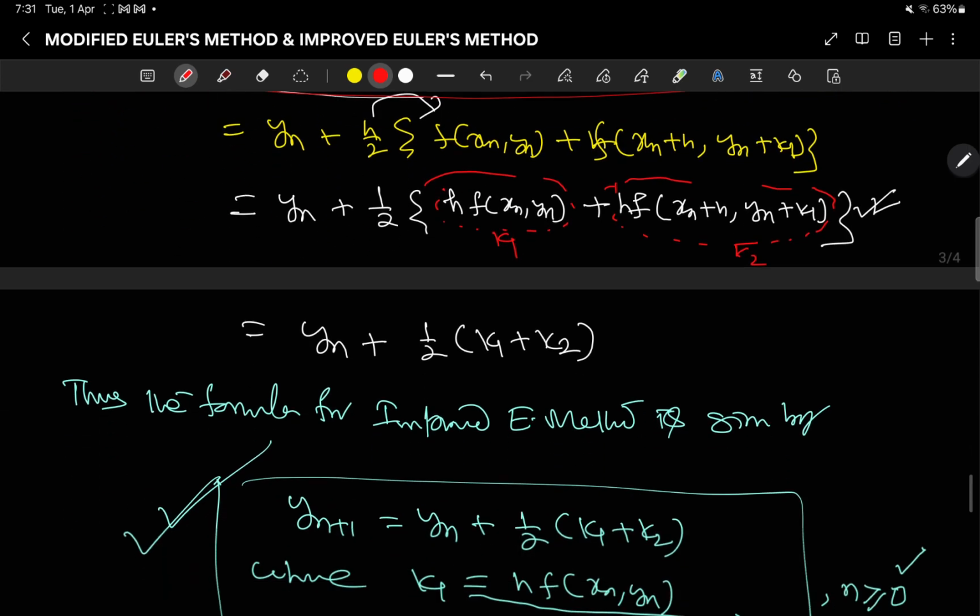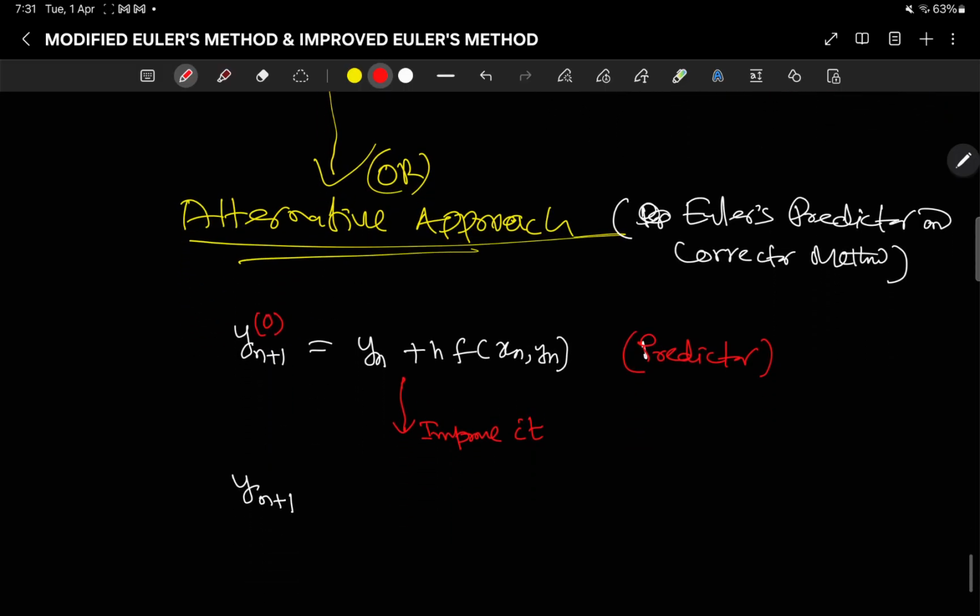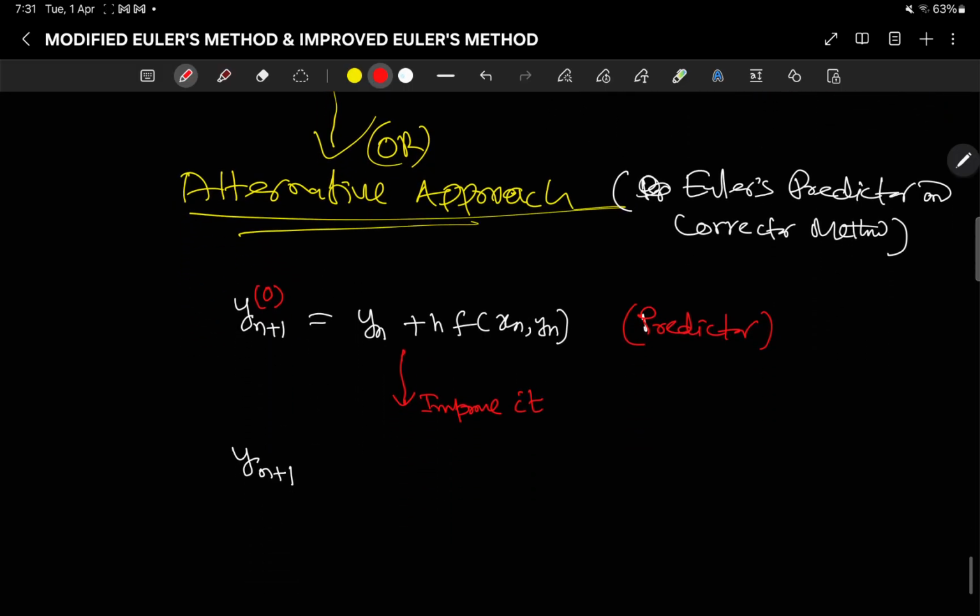So this is given by, improve it: yn plus 1 is equal to y0 plus h by 2, as I have told, the average of the slope, f(x0, y0) plus f(x1, y1), where x1 means x0 plus h.